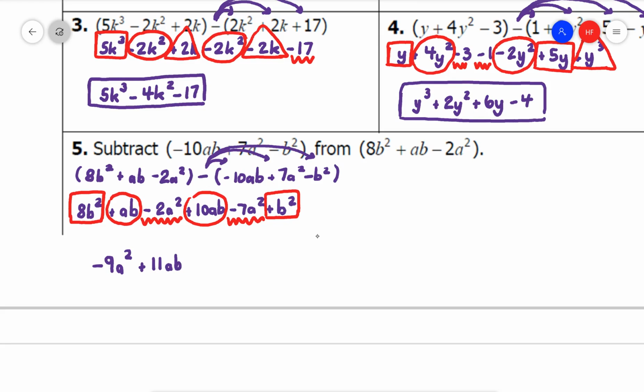So whenever your variables are stuck together, like a and b, make sure that you keep them together. And then the last one would be the later term in the alphabet, and then its highest power. So 8b squared and b squared, we would add them together, 9b squared.